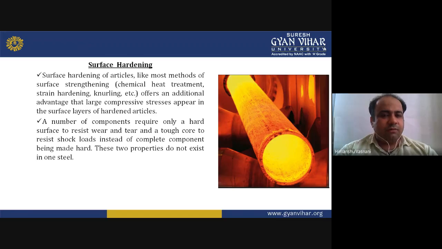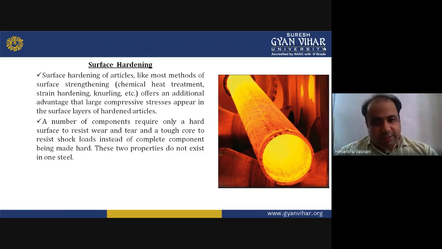Surface hardening of articles, like most surface strengthening, chemical treatment, chain hardening, or knurling, offers an additional advantage that large compressive stresses appear in the surface layers of hardened articles. This is something good.